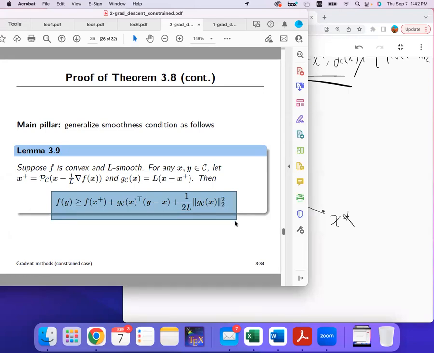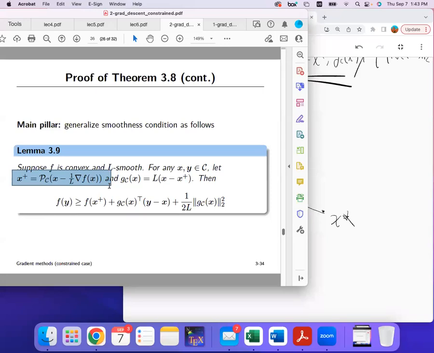F of y is always lower bounded by these terms. Here x and y could be anything in the set. X plus is related to x. Then when we apply this inequality, we just need to specify x, y, and x plus by following these conditions.